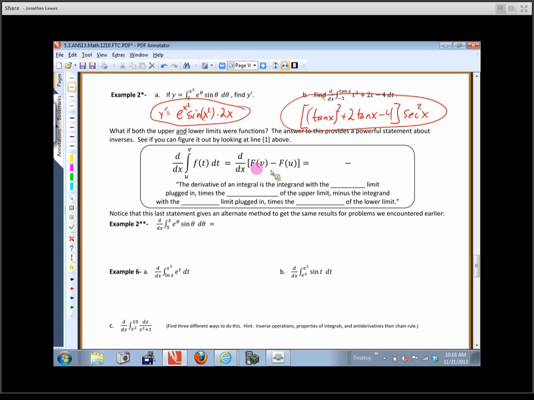I'd get big F of v minus big F of u, and then I'd differentiate. So do you have any idea what would go over here? There we go. Little f of v times dv/dx minus f of u times du/dx.